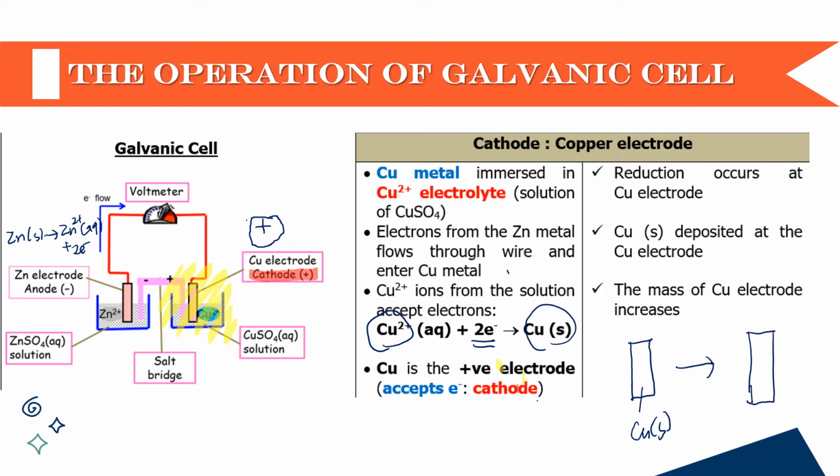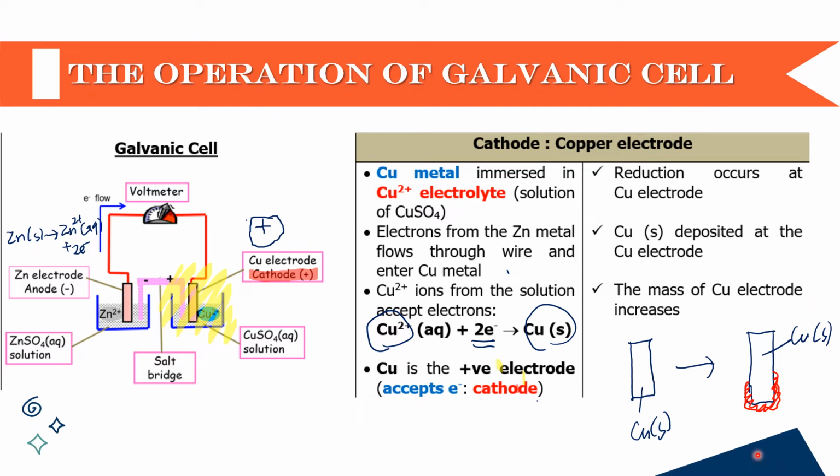Where will this copper solid go? It will go on the copper electrode. Let me put it in red color. You will have extra solid around the copper electrode. This is what is meant by copper solid deposited. It sticks on the copper electrode, so the mass of the copper electrode will increase.